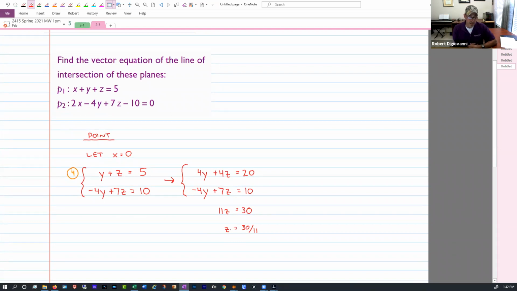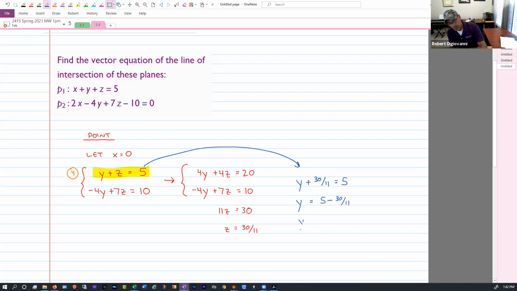Once I know what z is, I can go get y, right? And I think I'll go grab my first equation here, and I think that's the one I'm going to work with. So I'm going to say y plus z, but I know z is 30 over 11, must be 5. So I'm going to subtract 30 over 11 on both sides. And you get y is equal to, let's see, I need a common denominator.